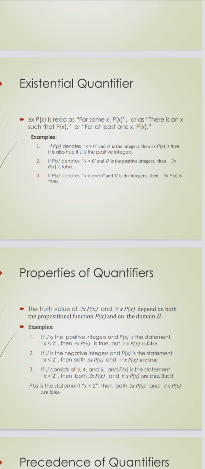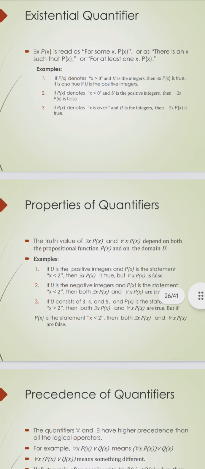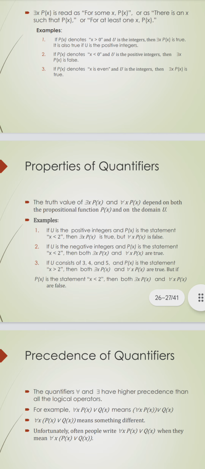If U is the negative integers and p of x is x less than 2, then both there exists x p of x and for all x p of x are true.